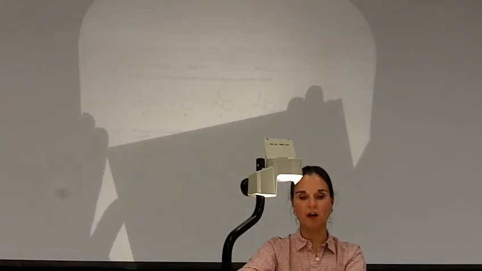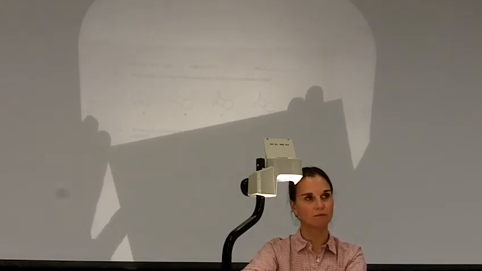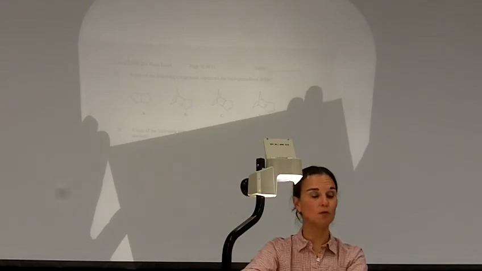Okay, which of the following compounds represents the cyclopentadiene dimer? C is right. Now, if you didn't know that, if you knew that it takes 2 cyclopentadienes to make 1 dicyclopentadiene, what would you do to figure out what the answer is?